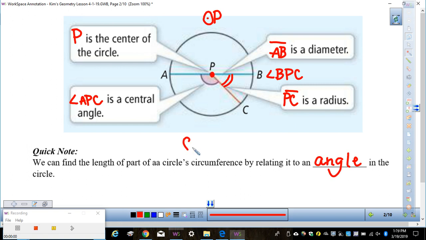Remember, circumference is 2 pi r, 2 times pi times the radius, or we can use the formula pi d, which means pi times diameter. So we're going to be talking about how if I look at just a portion of the circumference, how I can use that central angle to go ahead and find that fraction of the outer length.